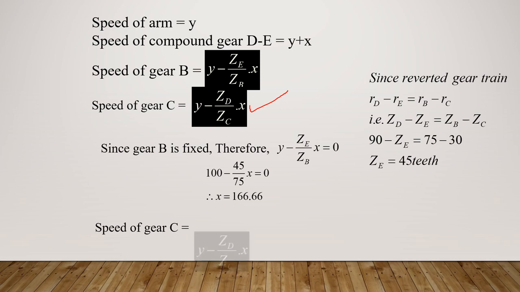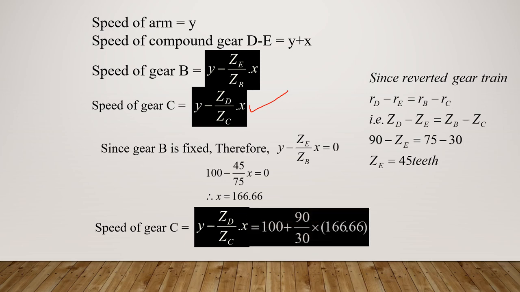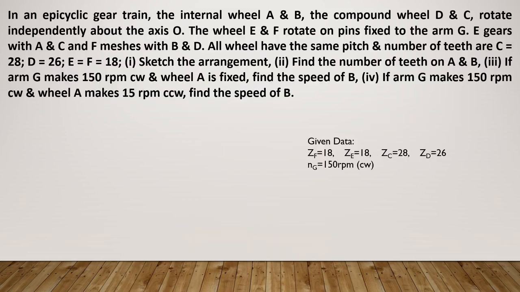Substitute all the known values. y is given in the question, ZD is given, ZC is given, x you just calculated. So the answer 600 rpm is the speed of gear C. This is the solution.